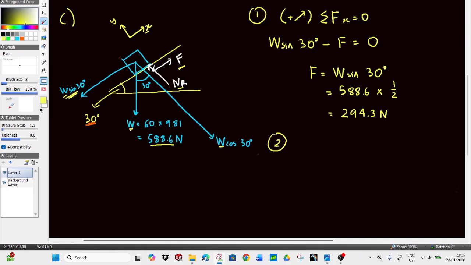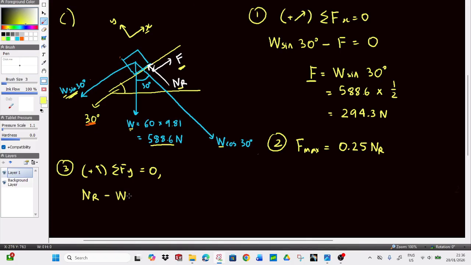And this is the frictional force. But then we have to check whether this frictional force is exceeding the maximum frictional force offered by the surface or not. Our F max is 0.25 times R, our normal force. If we take the positive of y, the summation of Fy to be equal to 0, that means NR minus W cosine 30 is equal to 0.